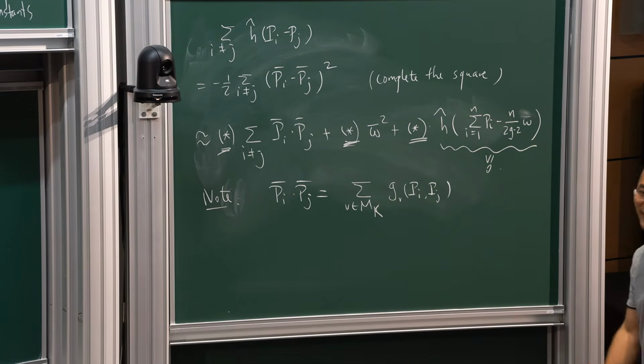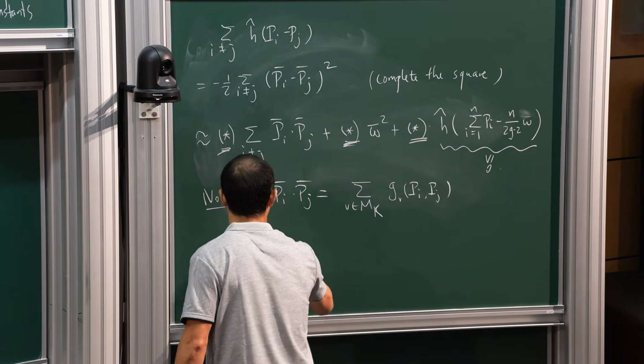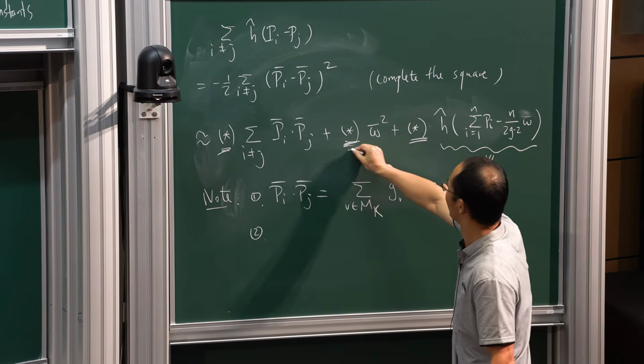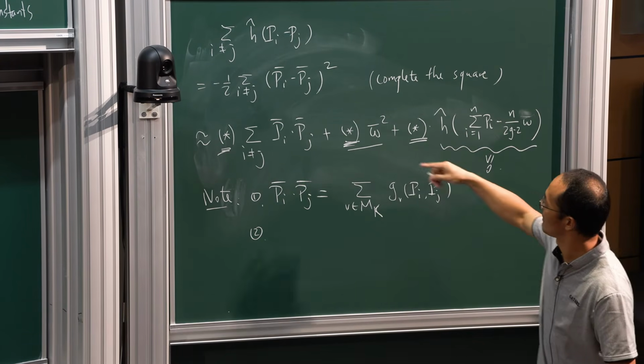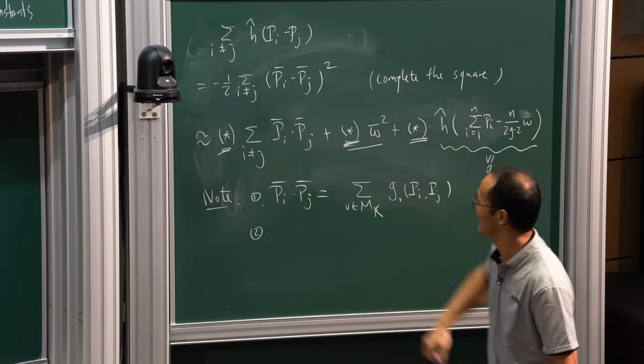The second one, this omega square, is already greater than or equal to 0. This omega bar is nef, but we want more. We want that one somehow to dominate this one, which can be negative.